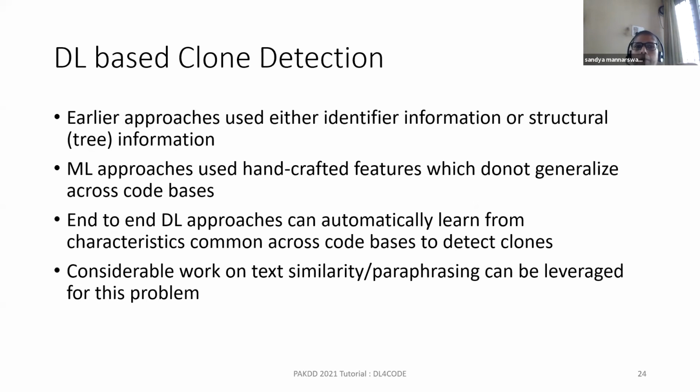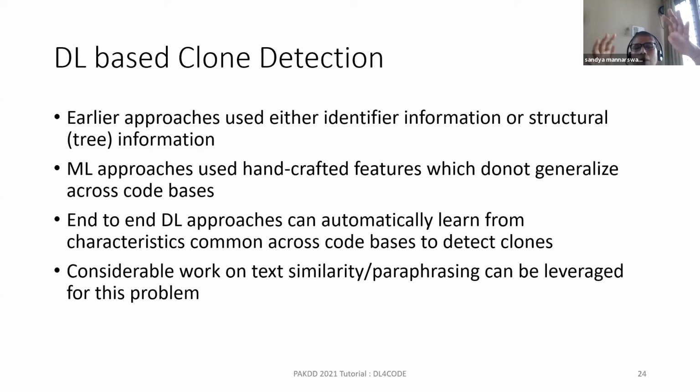Earlier work in detecting code clones was either text-based similarity or used some handcrafted features, and they don't work well across code bases. So the idea is that end-to-end DL approaches can work better because they learn the representation itself from the code base.